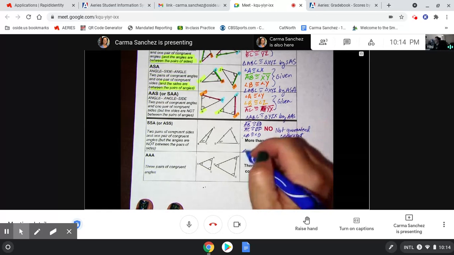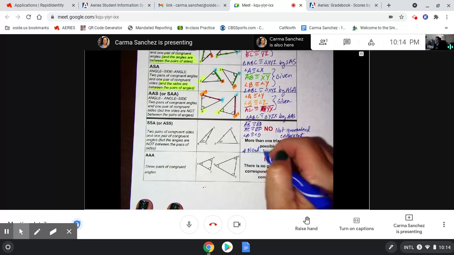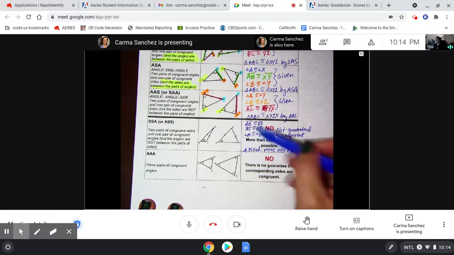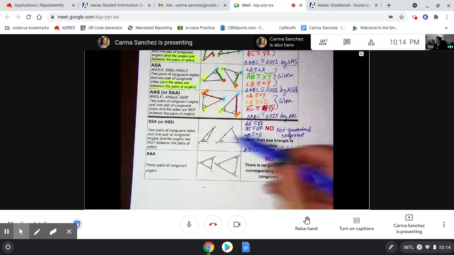We would just need more info in order to prove these as congruent. This is not enough information to prove they're congruent. We would need more info.